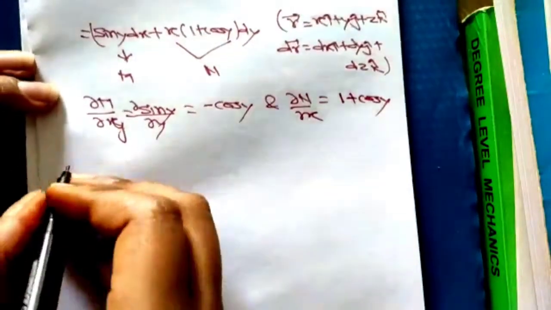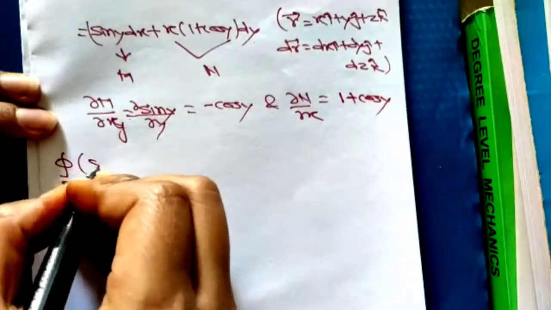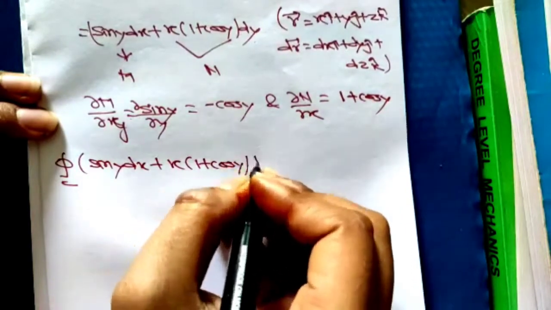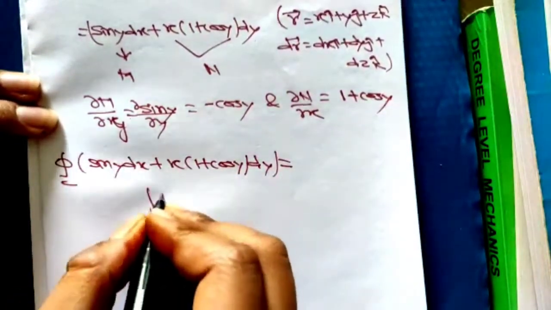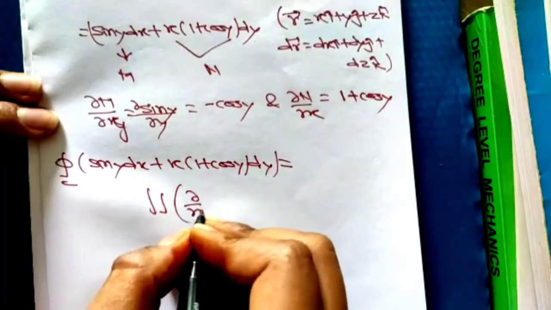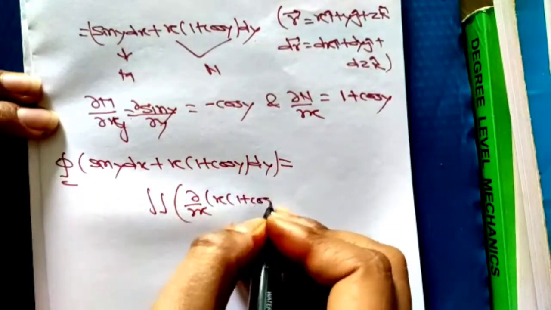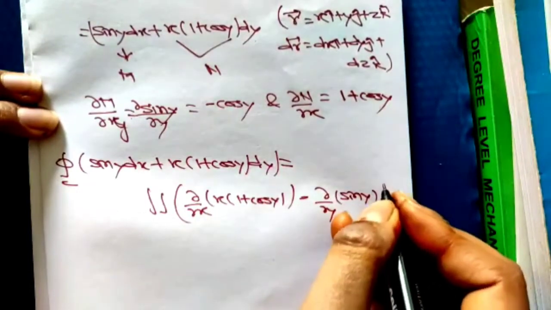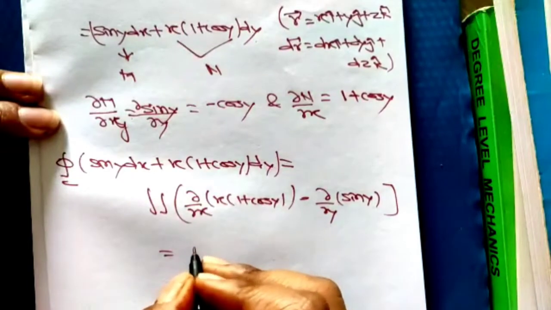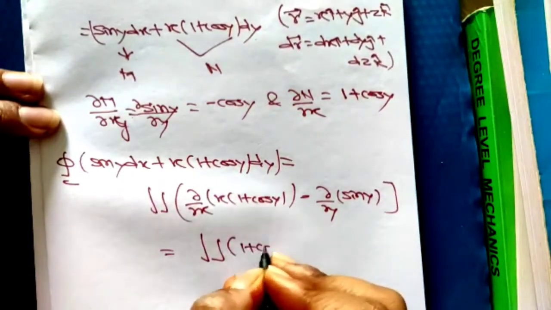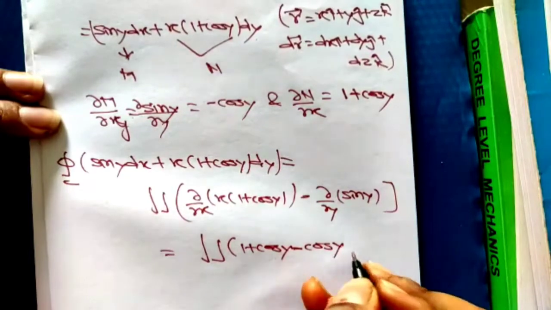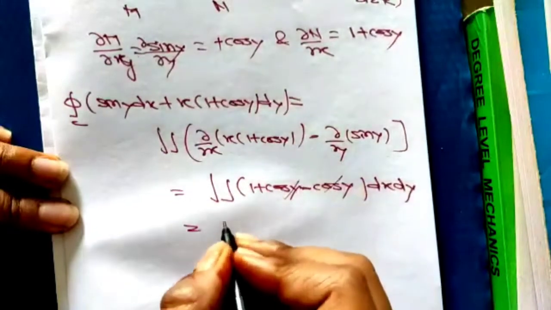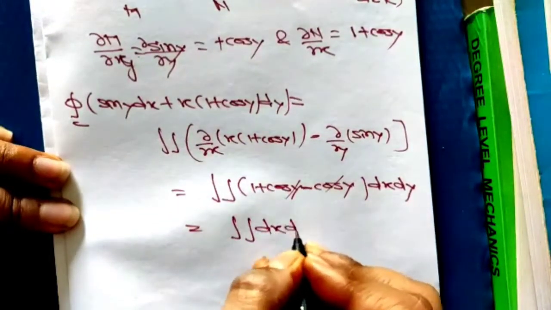Put the value: line integral of sin y dx + x(1 + cos y) dy is equal to the surface integral of (∂/∂x of x(1 + cos y) − ∂/∂y of sin y). Put the value, double integral of (1 + cos y − cos y) dx dy. This got cancelled. We get double integral dx dy.